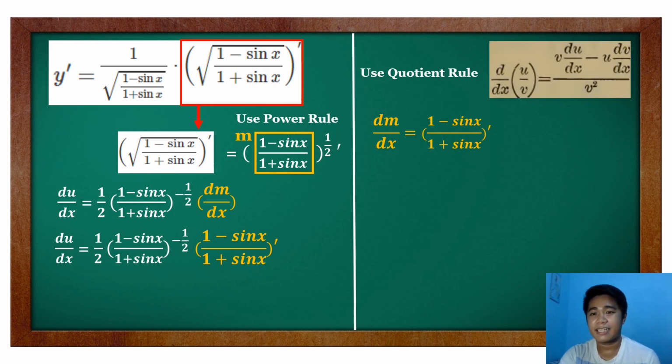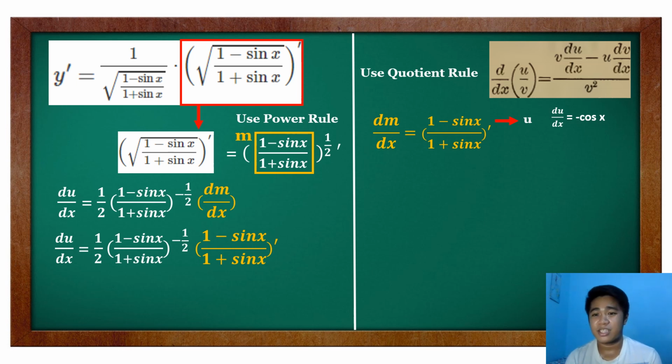You know that the differentiation of u over v is v du over dx minus u dv over dx, all over v squared. If you don't know how to use the quotient rule, go back to my algebraic differentiation and you will learn how. In this case, our numerator is 1 minus sine x, which will be our u.